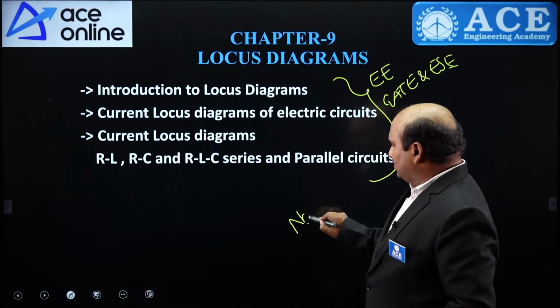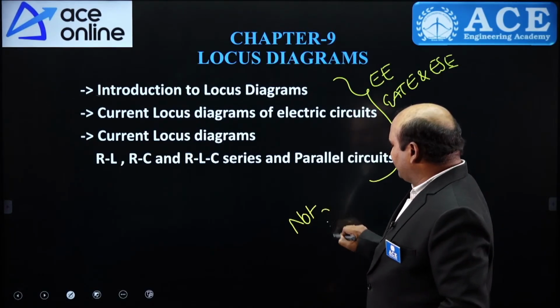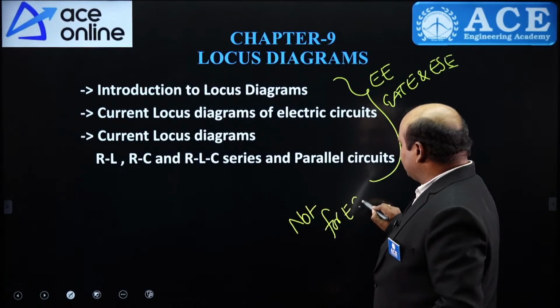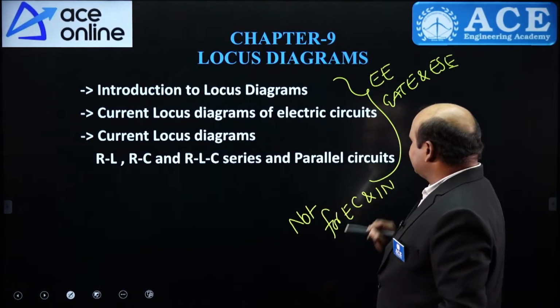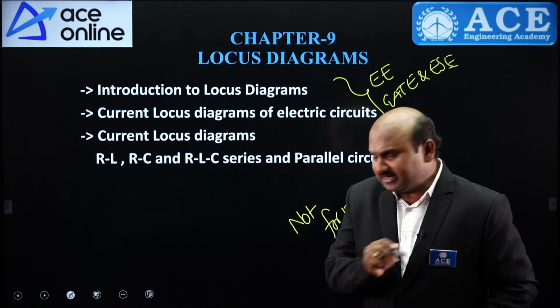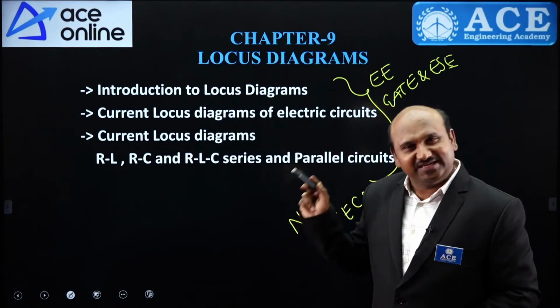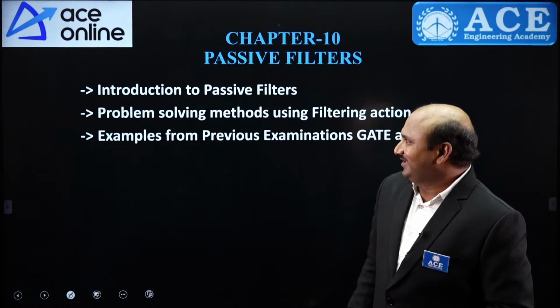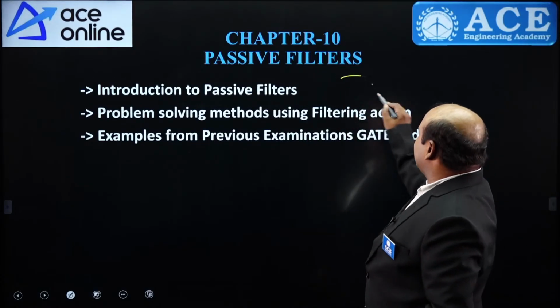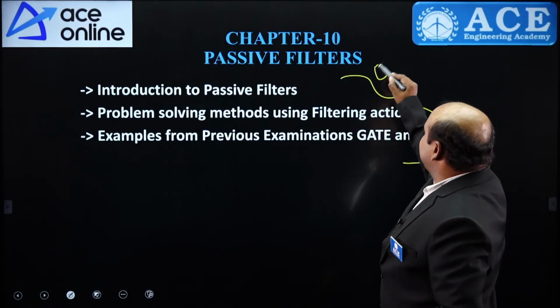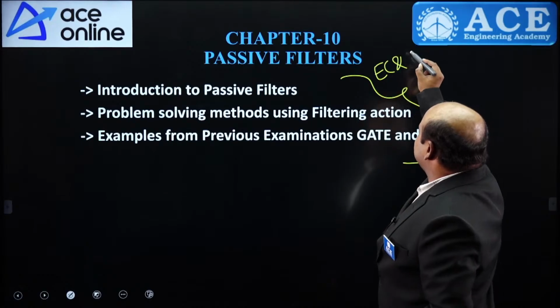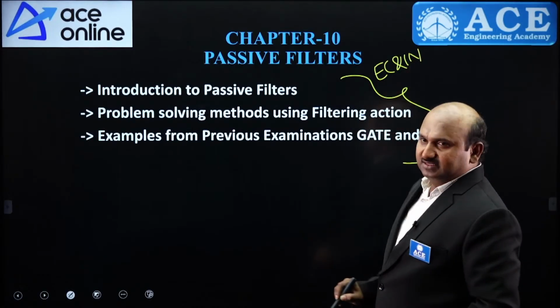This is not for EC people and instrumentation. Sometimes it was given, but no question is coming nowadays even for the instrumentation people. And passive filters are there for EC according to the GATE examination and instrumentation, right?